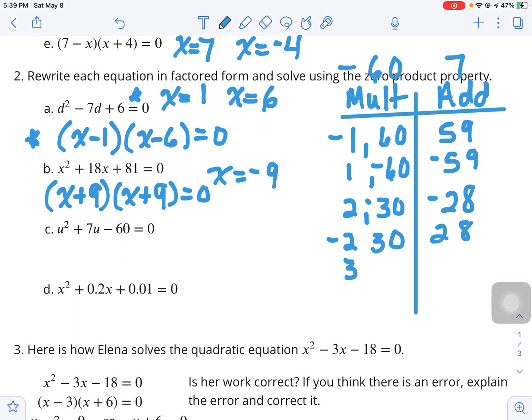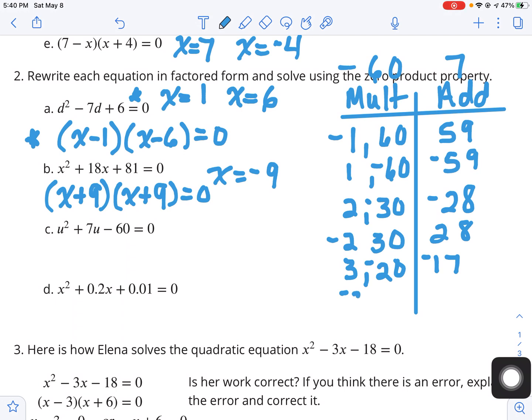Let's go with 3 and 20, sorry, negative 20. When I add them, I'll get negative 17.